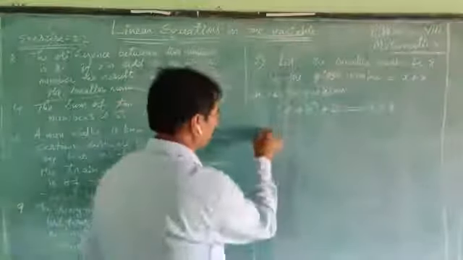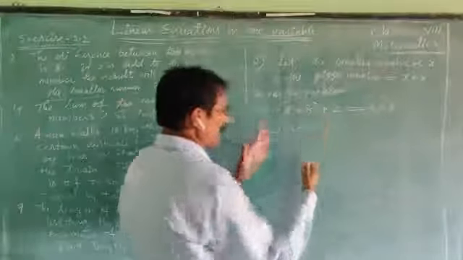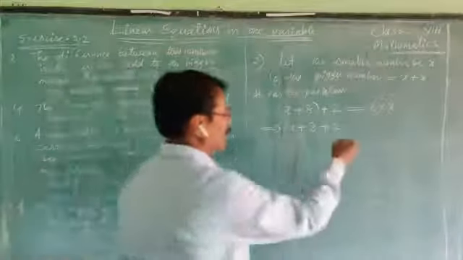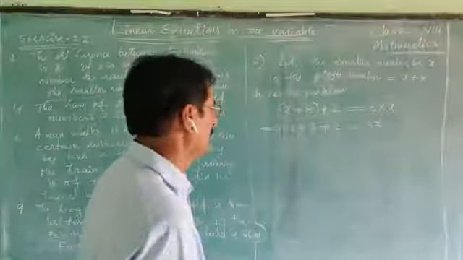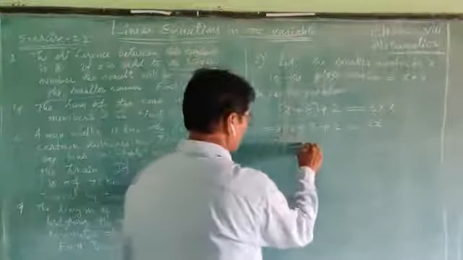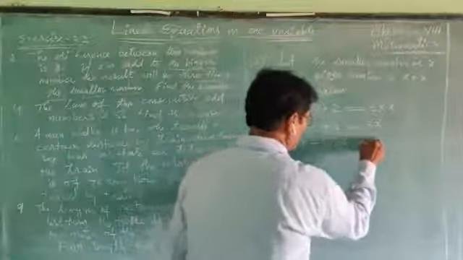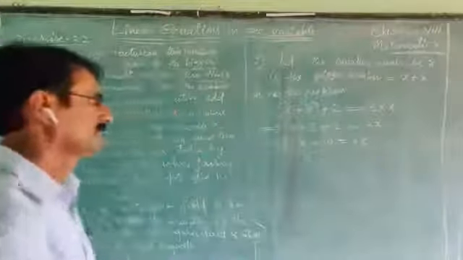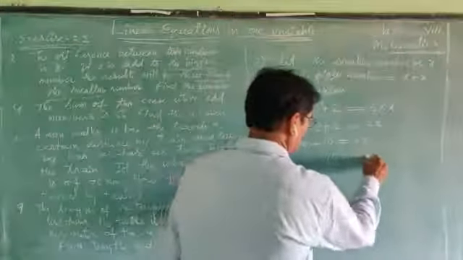Now simplify. x plus 8 plus 2, I just remove the bracket. On the right side, 3 into x, 3x. Now on the left, x plus 10 equals 3x.